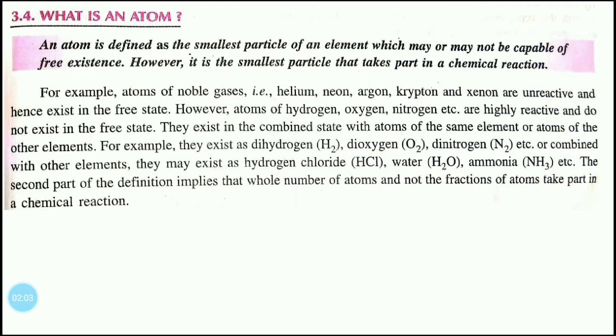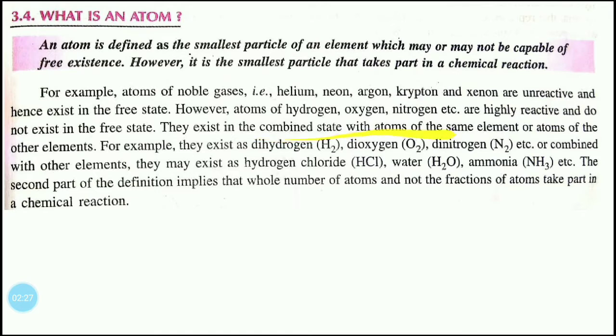However, atoms like hydrogen, oxygen, nitrogen are highly reactive and do not exist in a free state. They always need one more atom together to exist. They can't exist alone. That's the reason you will never find hydrogen alone; it is always in gaseous form, H2, O2, N2. Always two atoms come together.